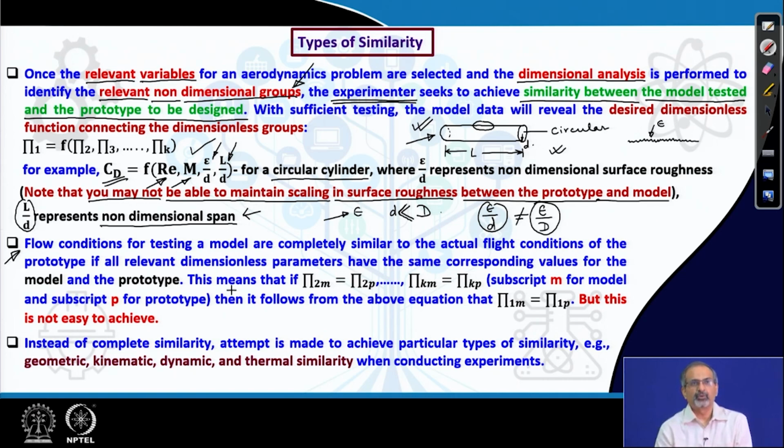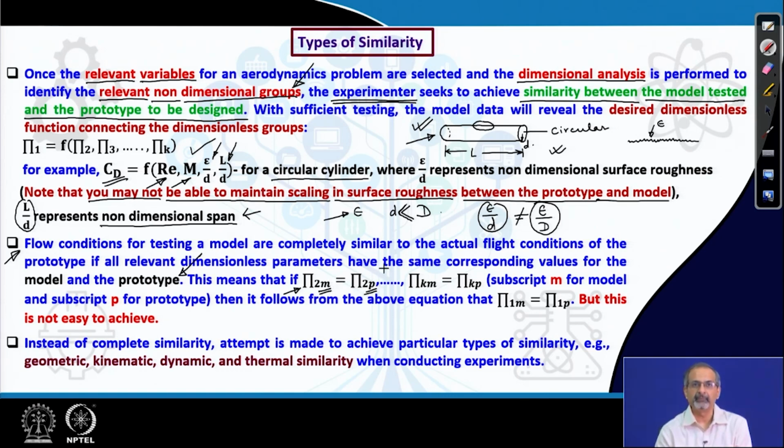Let us try to look at the next point, that flow conditions for testing a model are completely similar to the actual flight conditions of the prototype if all relevant dimensionless parameters have the same corresponding values for the model and prototype. This is the ideal case where we are exactly matching between model and prototype, which means, for example, pi 2, which is one of the pi products for the model with the subscript m, is exactly equal to pi 2 for the prototype.